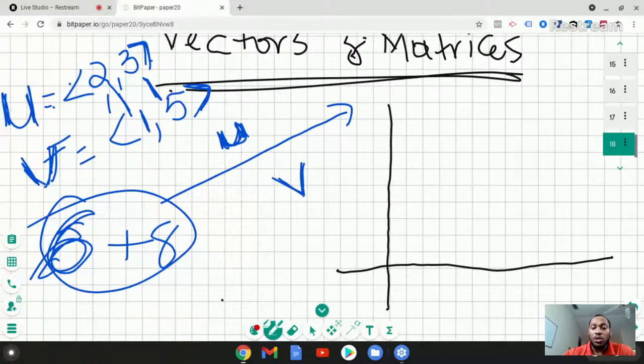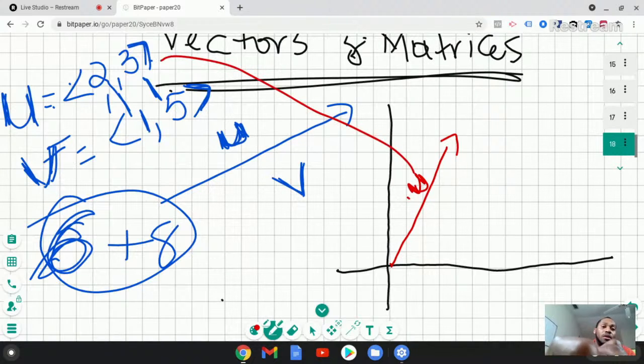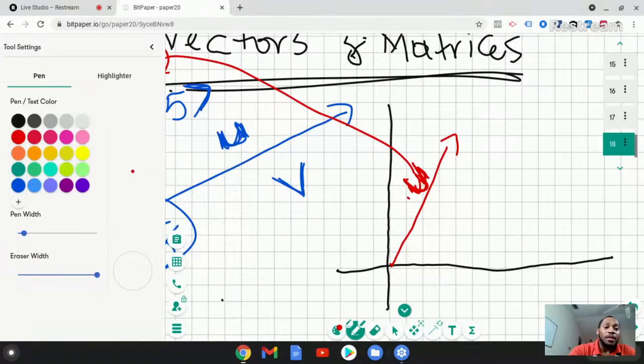So let's say, and this may not be the right representation of those, let's say that u was going this way, and this was u. So this is the vector u, and this is the coordinate of that, the representation of that vector. And let's say v was going the other way. Let's use purple.